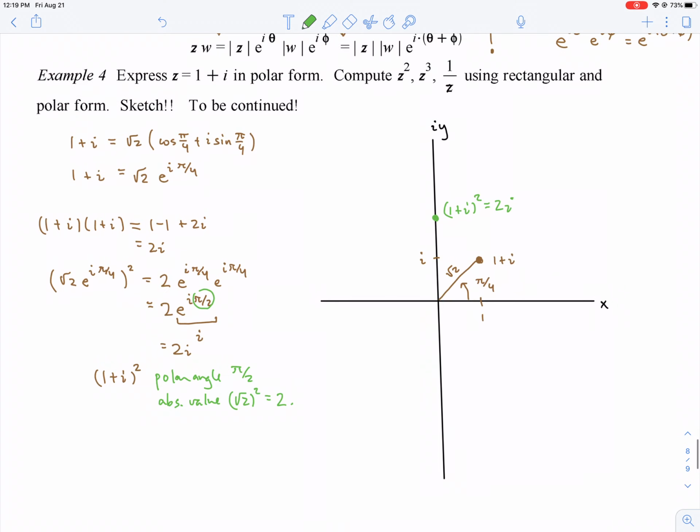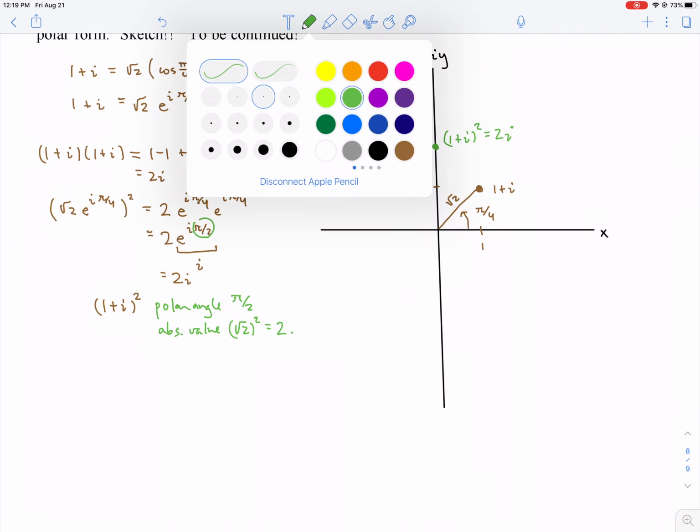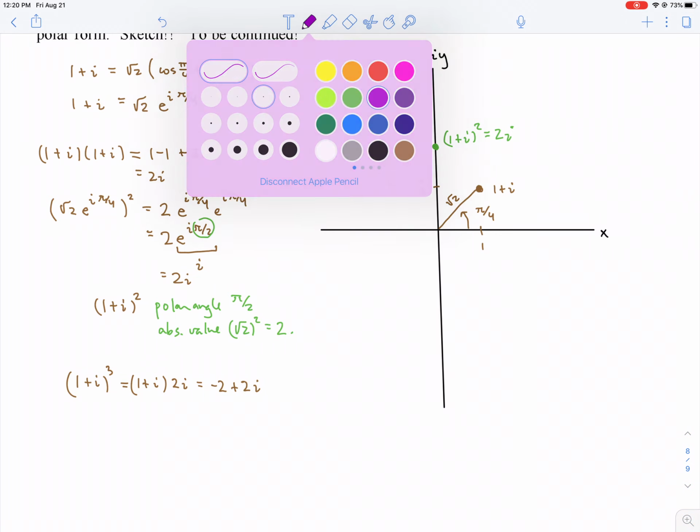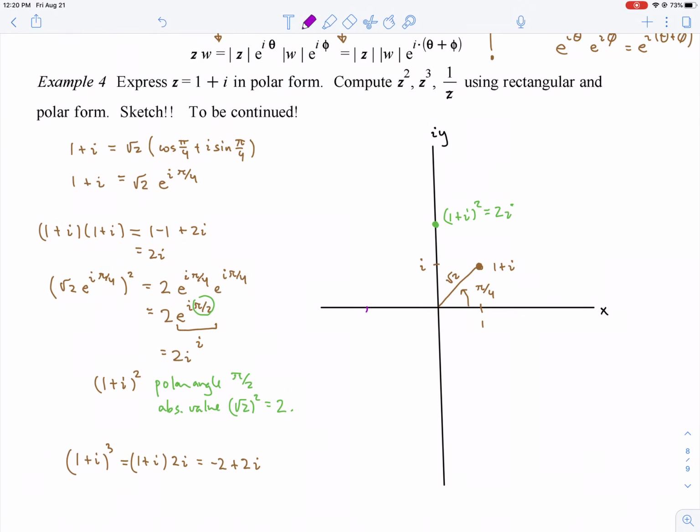And if I do 1 plus I cubed, that's 1 plus I times 1 plus I squared, so times 2I. So that's minus 2 plus 2I. Minus 2 plus 2I is here.